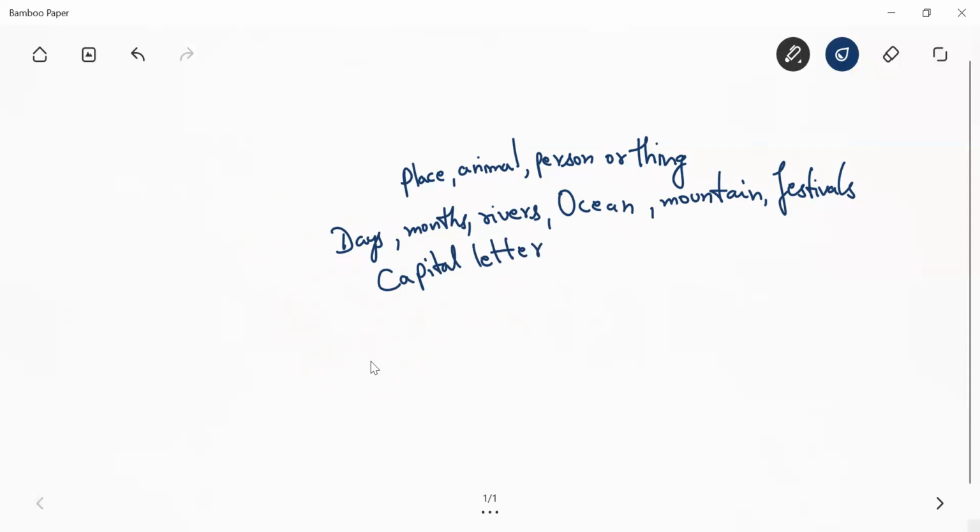And proper nouns are sometimes also used as common nouns. Sometimes they become common nouns. How? Have you heard of it? Like we will say, do you know Kalidas? Yes, Kalidasa, that famous poet. If we write a sentence, Kalidas is often called the Shakespeare of India.